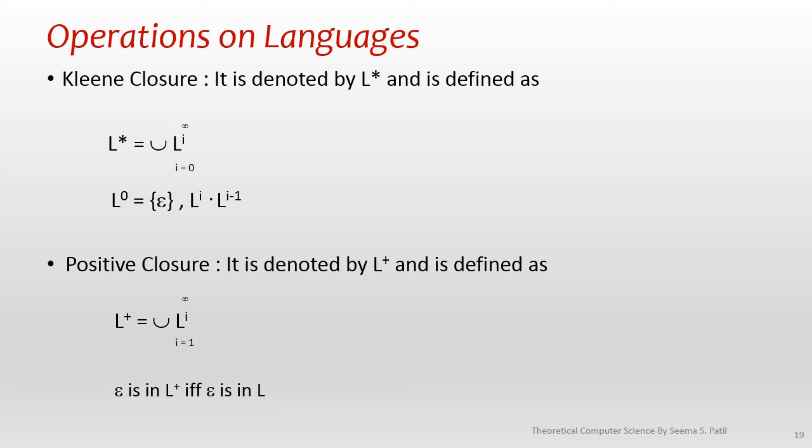Next definition is positive closure. It is denoted by L plus and it is defined as L plus equal to union L raised to i from i equal to 1 to infinity. Here the value of i is equal to 1 and epsilon is in L plus if and only if epsilon is in L.